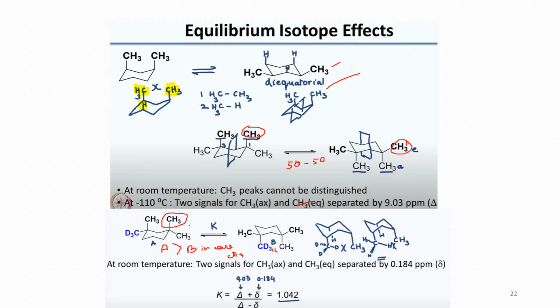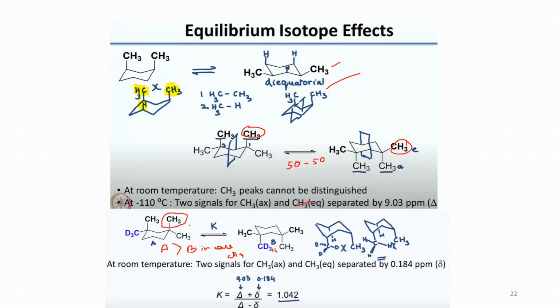I hope it's clear. Whenever there is a sigma plane or symmetry in the compound, then two groups will give the same position in the NMR spectrum. But if there is no such symmetry, then the two hydrogens will give different peaks.